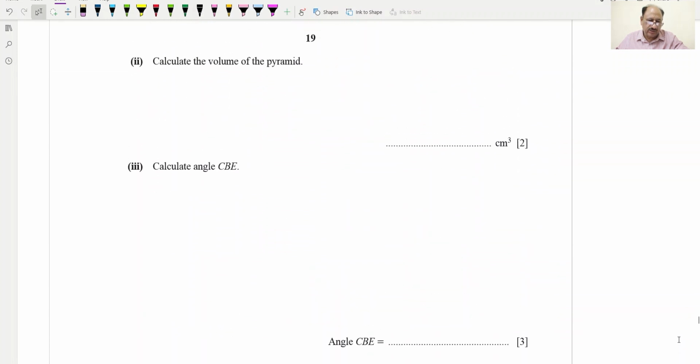Now we can move to the second part, which says calculate the volume of the pyramid. They have given us the formula: volume is equal to 1 by 3 into base area into height.